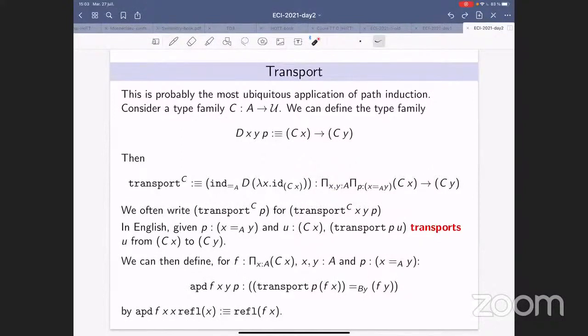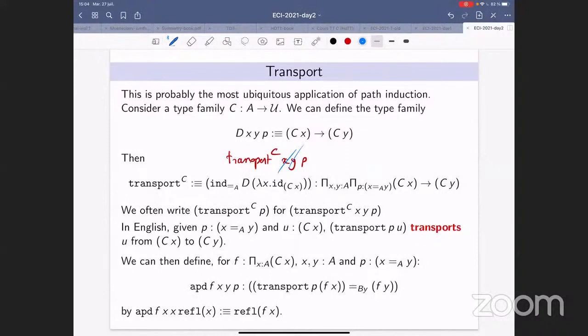So this transport will do the job because it takes an X, a Y, and a P. Instead of writing transport C X Y P, it would be too heavy, so I will omit the X and Y. So transport P is a function from CX to CY.